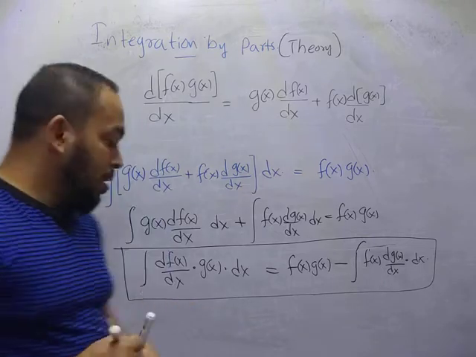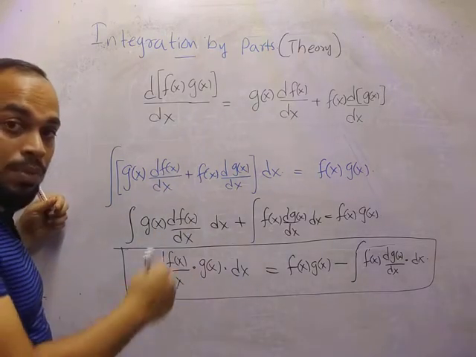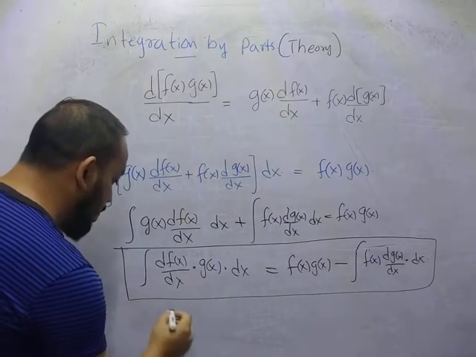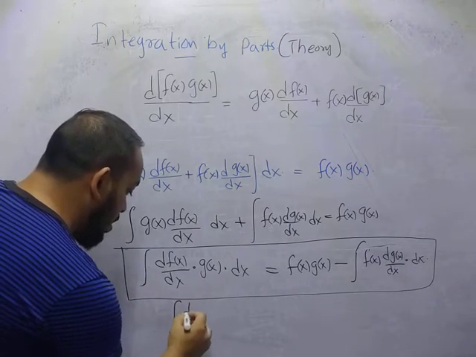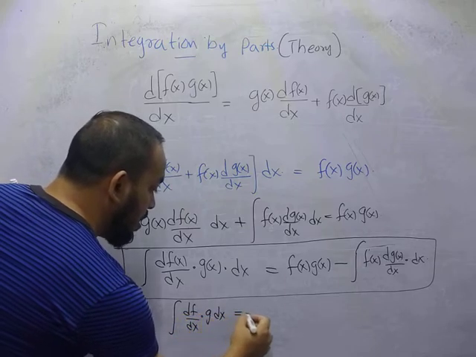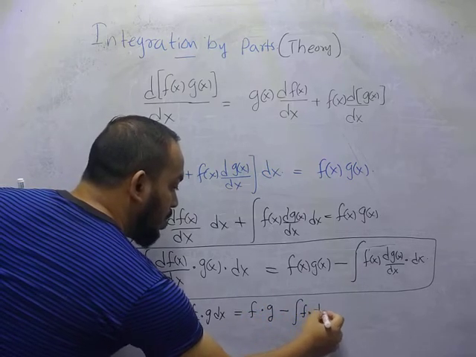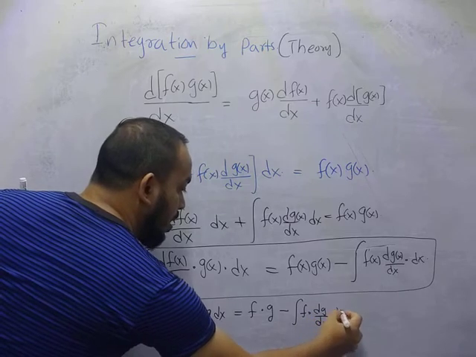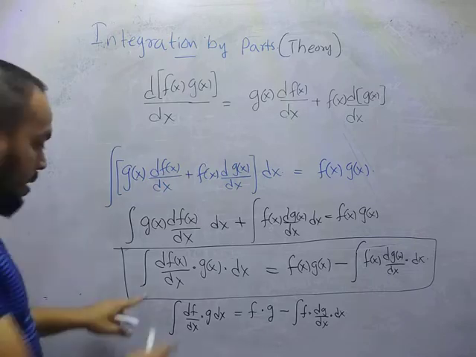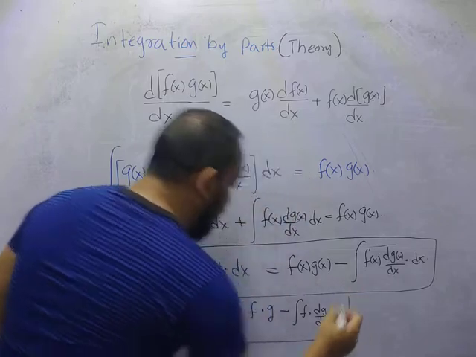But it will be helpful if you can remember this. So write it down before you attempt the question. Now there's a simple way to write this. So integral df by dx into g dx is equal to f into g minus integral f into dg by dx. Right. So this is what we can use, because it takes a lot of time to write this down. So please write this down as well.